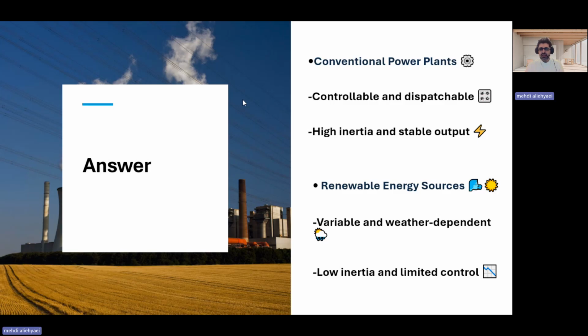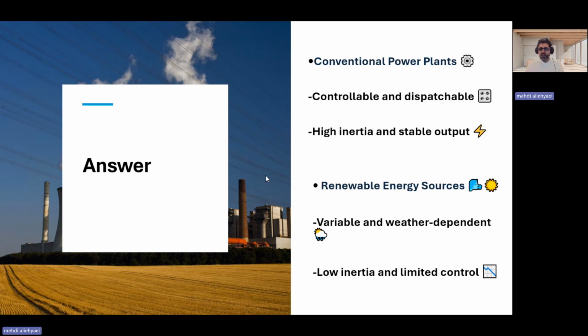Conventional power plants are controllable and dispatchable, meaning their output can be adjusted when needed. They also provide high inertia, which helps keep the power system stable and maintain a steady frequency. But renewable energy sources such as wind and solar depend on weather conditions, so their power output can change over time.